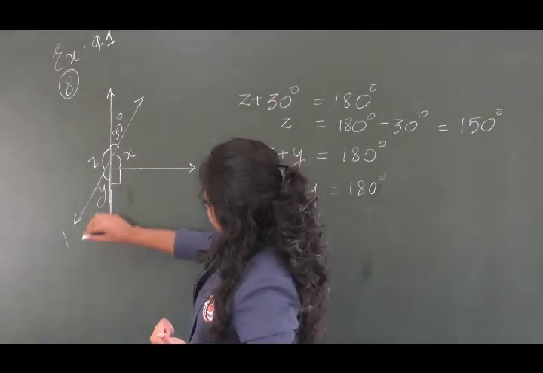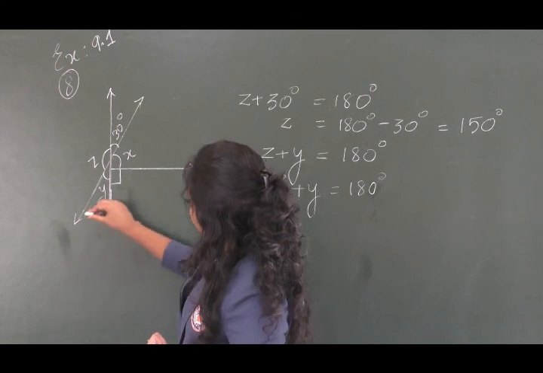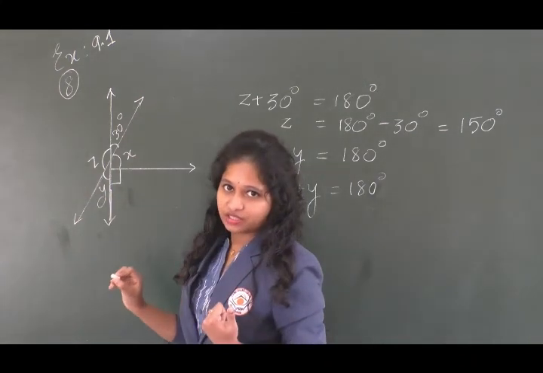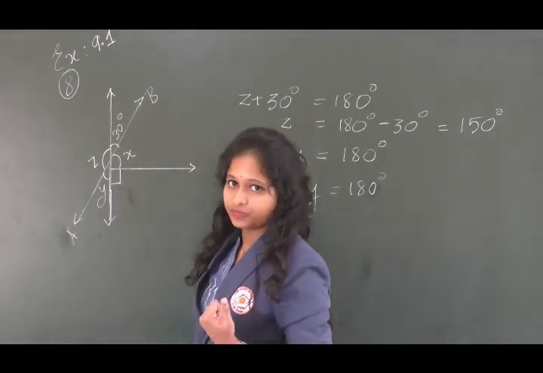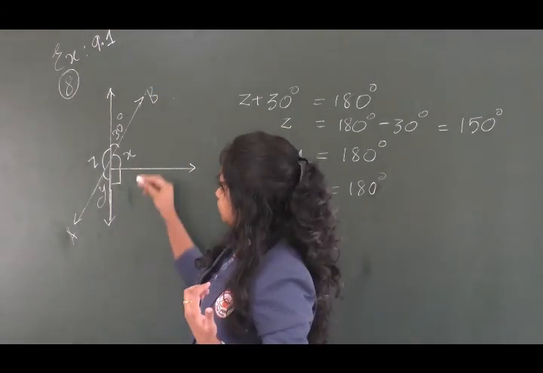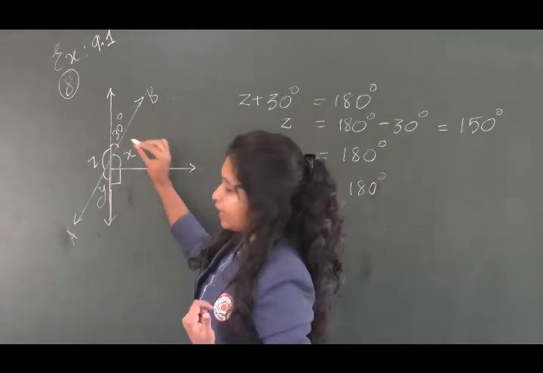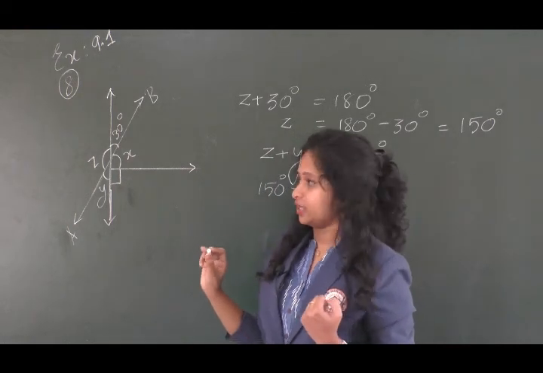Here, if you notice, we have a straight line here, isn't it? Let's name it as AB. AB is a straight line. Now, the sum of angles in a straight line is equal to 180 degree.